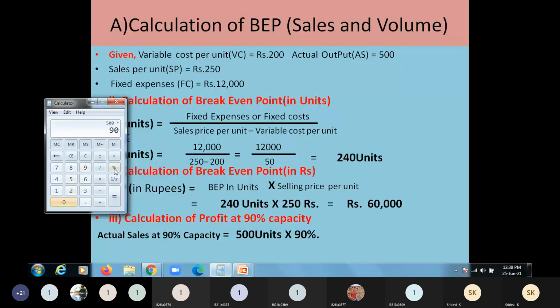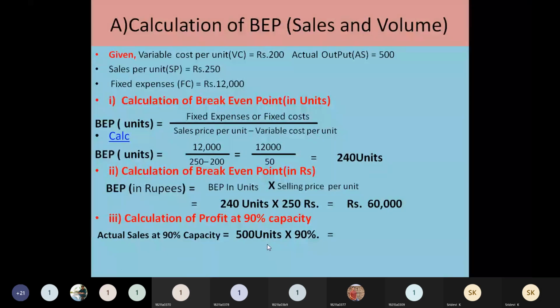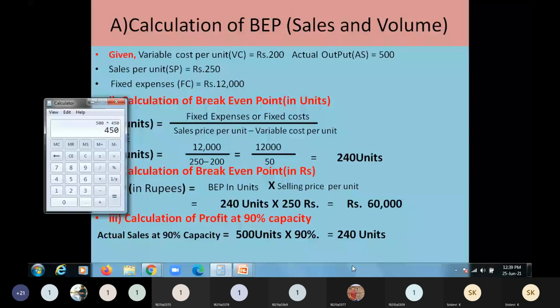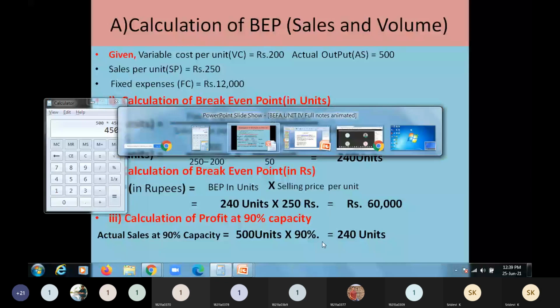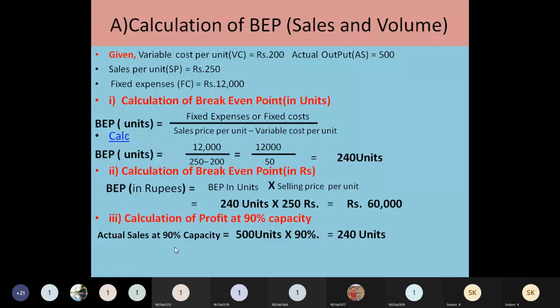So 450 units is the capacity at which we require profit. Sorry, here we got 450, and I have taken it as 250. So you change it here, take 450. I might have written it wrong in the next steps also.